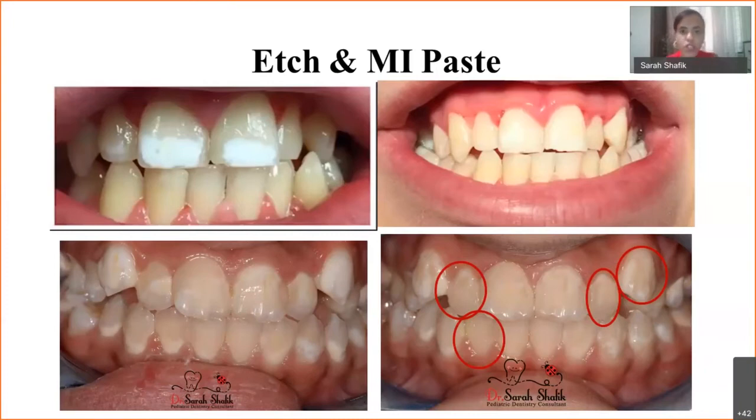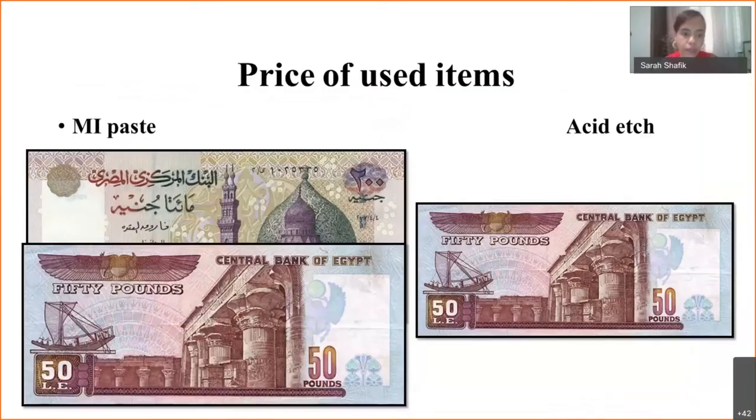Well, the price of each item I used: the first item, the MI paste, in the Egyptian market costs around 250 LE, or Egyptian pounds. And as for the acid etch, even the best one is going to be less than 50 Egyptian pounds, and we all have the acid etch in our practice.